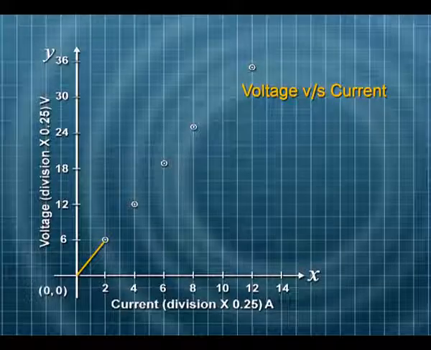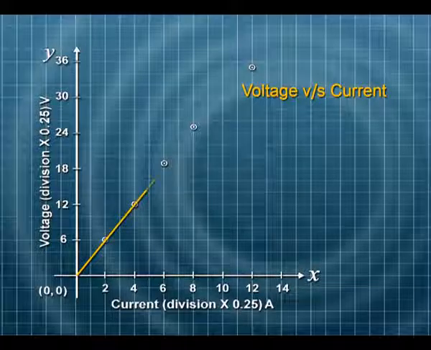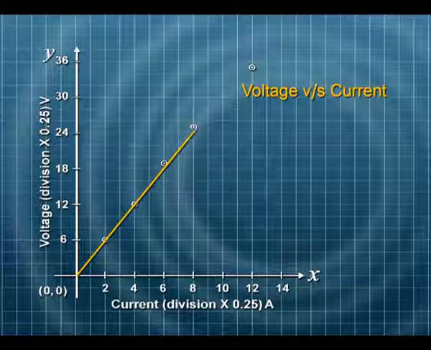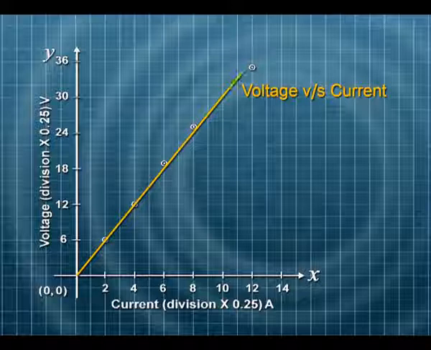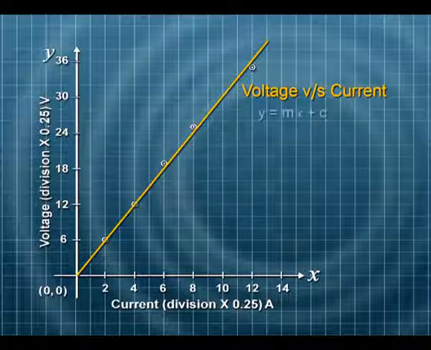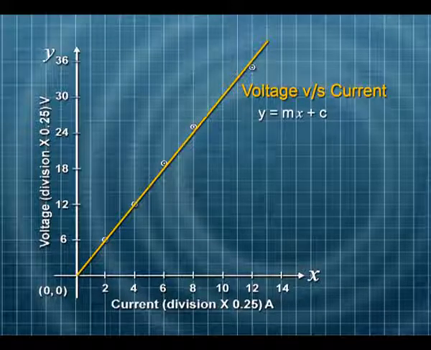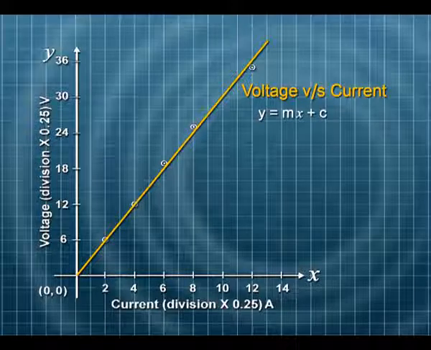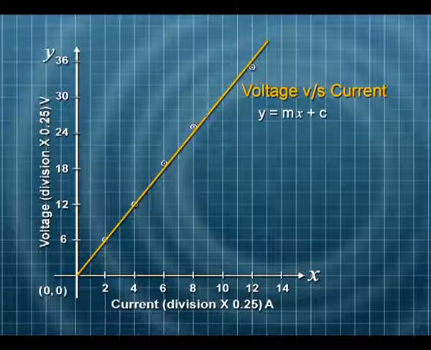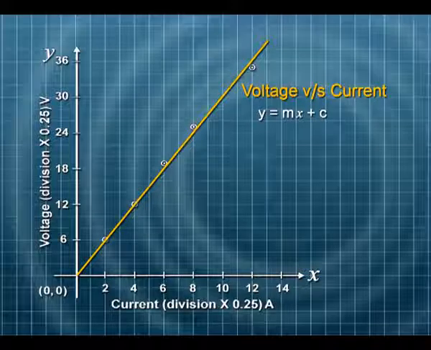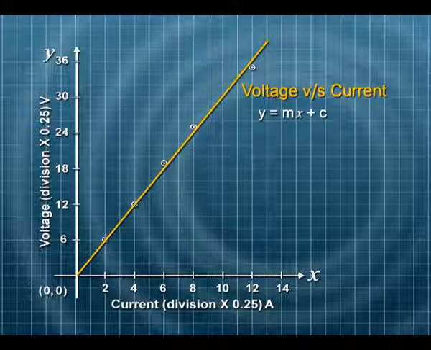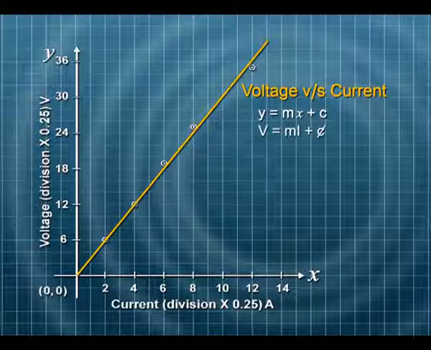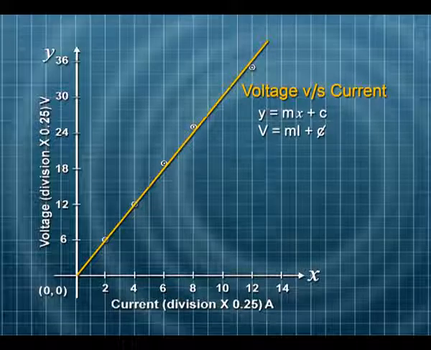So, if we draw this, this is a straight line, and we can say that for y and x, the relationship between them is y equals mx plus c. In our case, the y axis is voltage, this is equal to m, and on x we have current, and our value for c is not there, there is no intercept.